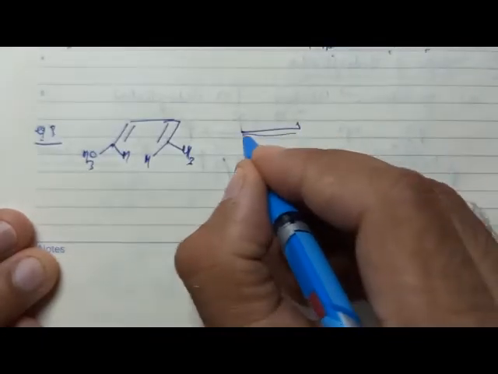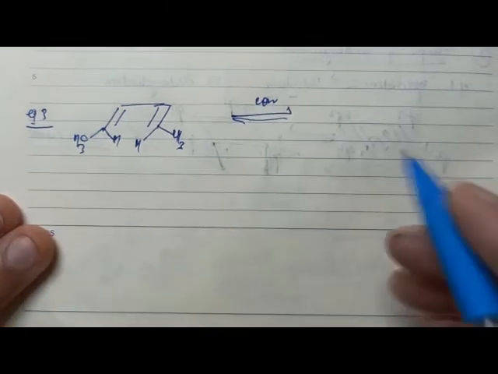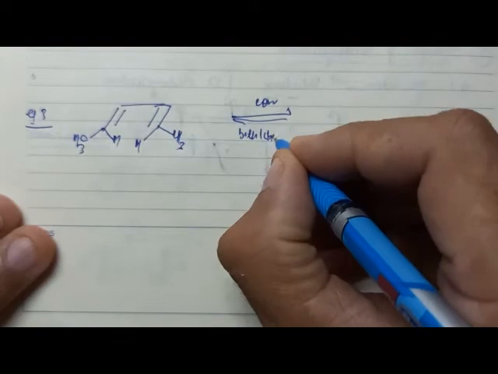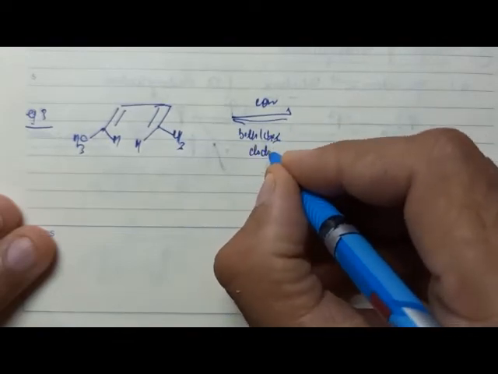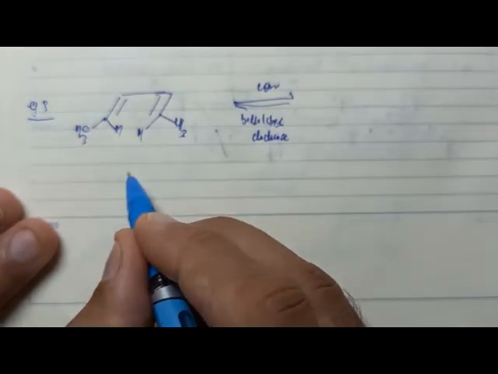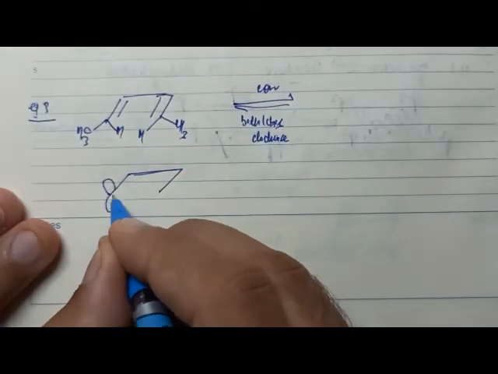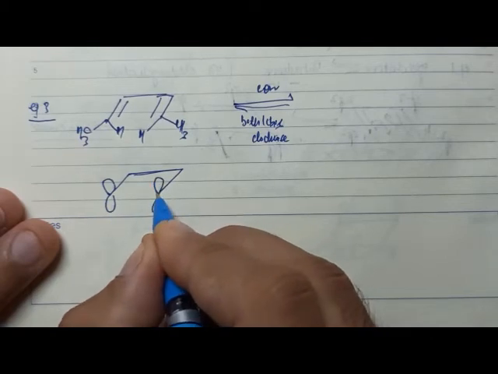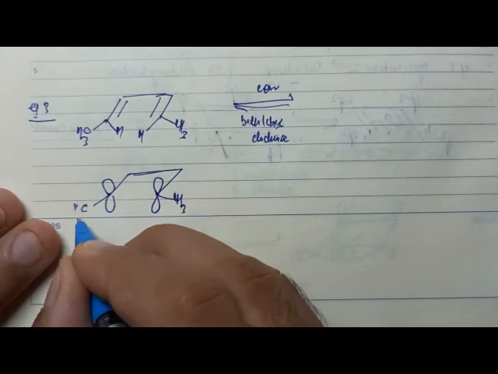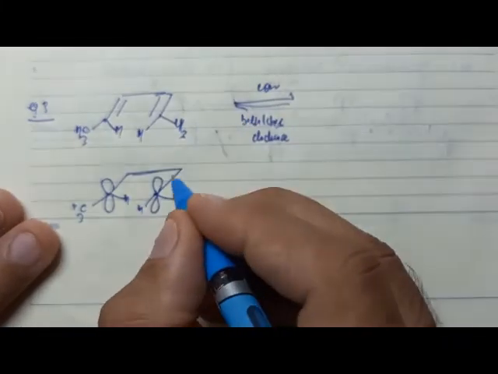Let's say this undergoes a conrotatory ring closure. If it undergoes a conrotatory ring closure, that means both lobes move either clockwise or anti-clockwise. If both lobes move clockwise, let me draw those two reactants here. Two p lobes, this methyl was here, of course hydrogen is here, both lobes move in a clockwise fashion.